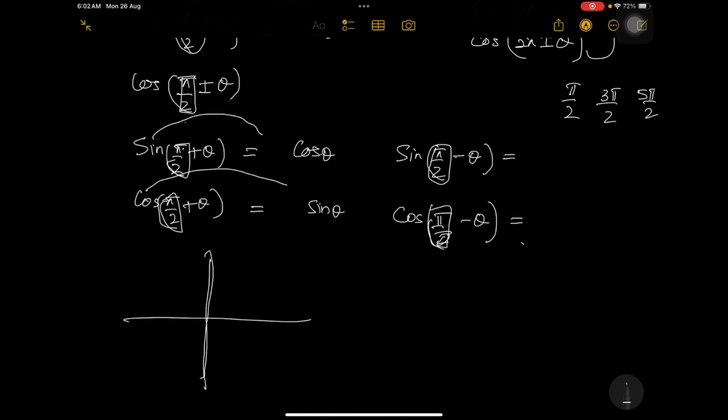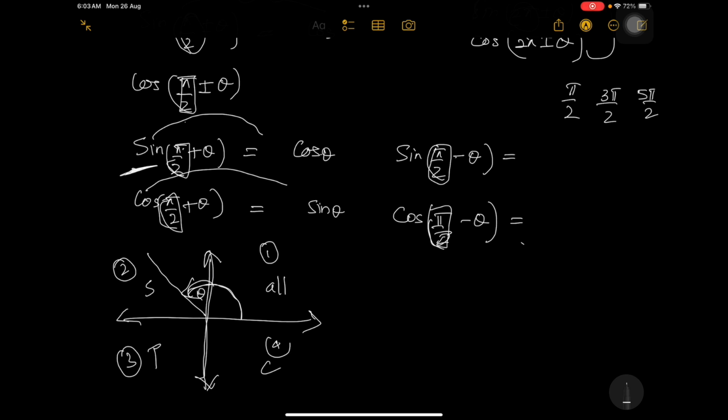In the last video, we have learned how to find out the sign. So, all silver teacup. For the sine value, if this is pi by 2 plus theta, it's going to be in the second quadrant of the circle. 1, 2, 3, 4.